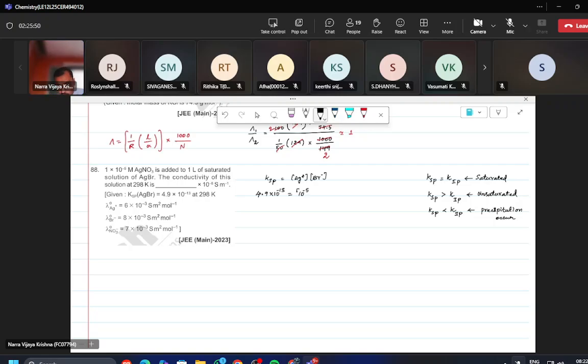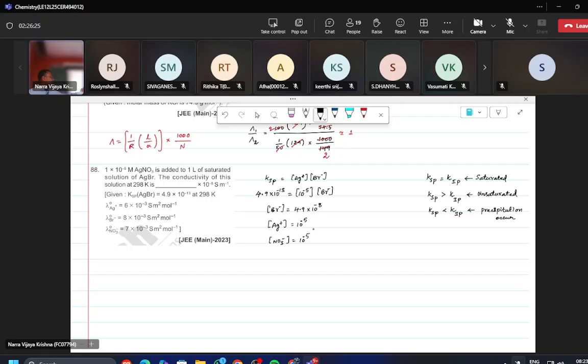What is the concentration of Br minus now? We got it? It is 4.9 into 10 power minus 8. What is the concentration of Ag plus in the solution? 10 power minus 5 only. Now, what is the concentration of NO3 minus? That is also 10 power minus 5 only, because we are adding AgNO3.